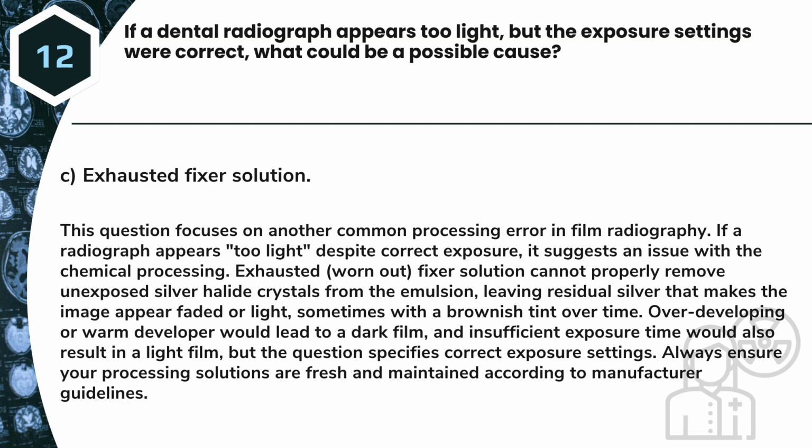Overdeveloping or warm developer would lead to a dark film, and insufficient exposure time would also result in a light film, but the question specifies correct exposure settings. Always ensure your processing solutions are fresh and maintained according to manufacturer guidelines.